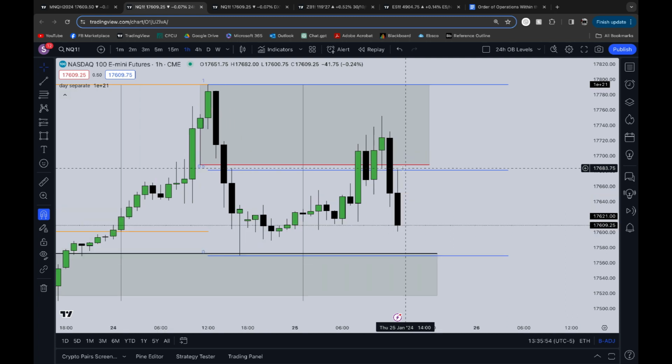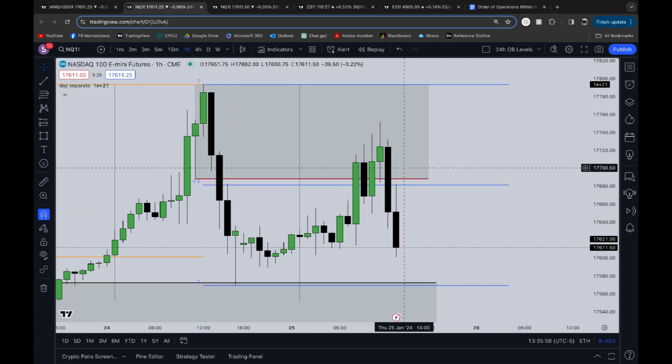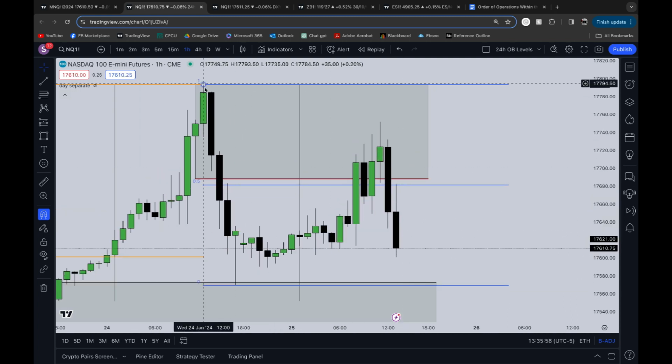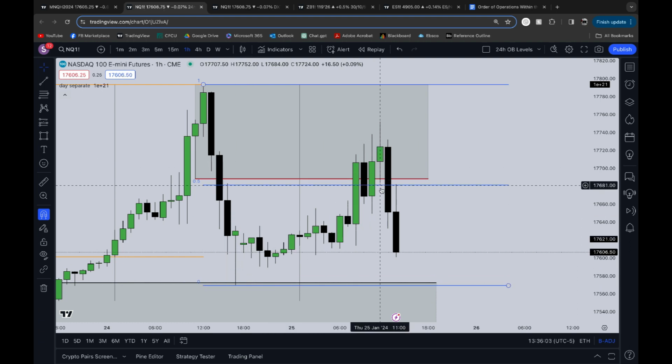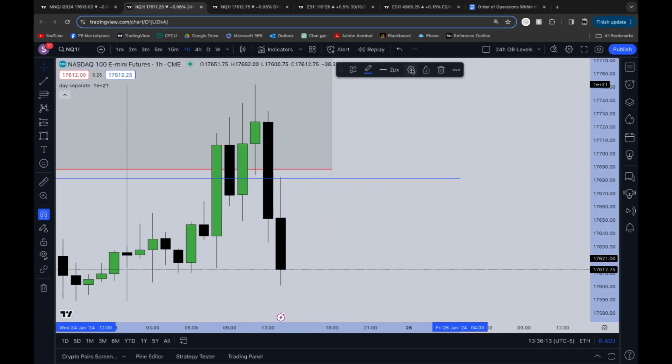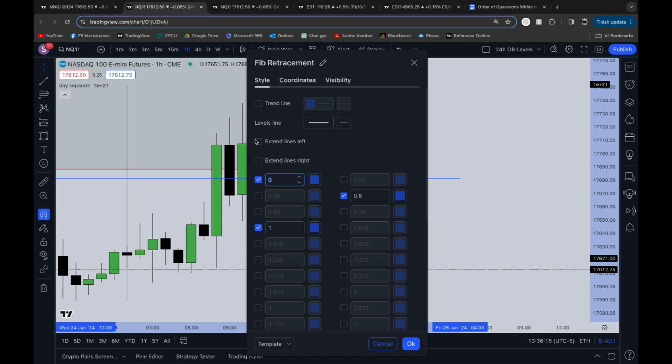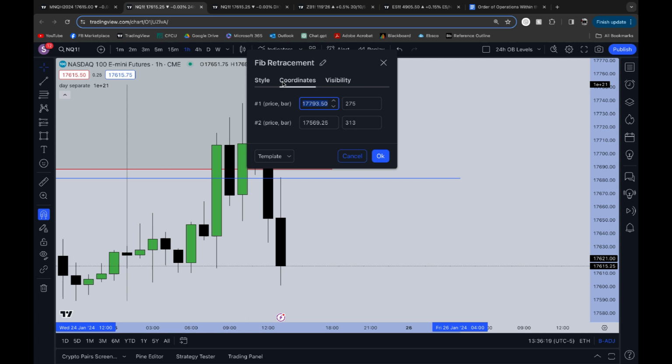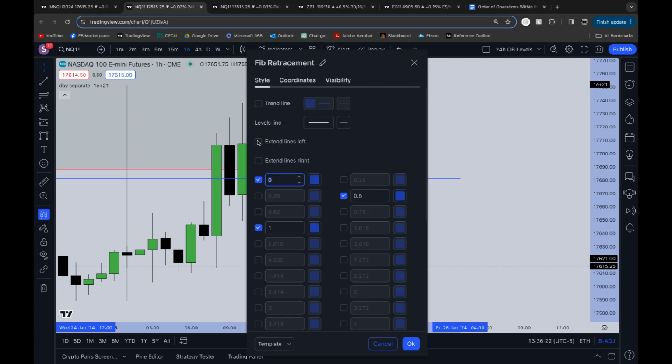And here's a key observation. From this high to this low, the range that I've already defined, price trades down, breaks institutional order flow. It trades all the way back up, right to equilibrium. If I go in my fib settings here and turn on, how do I do this? Coordinate, style.